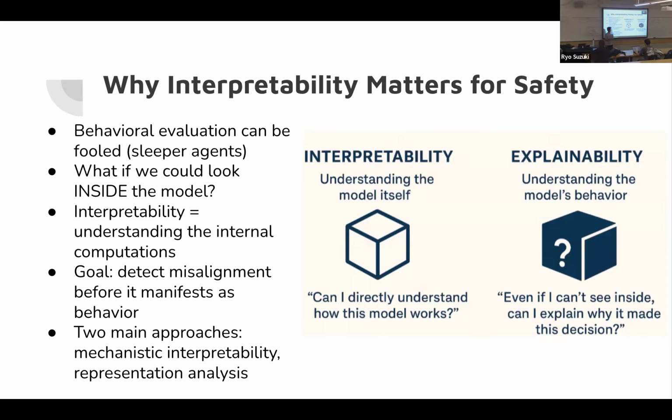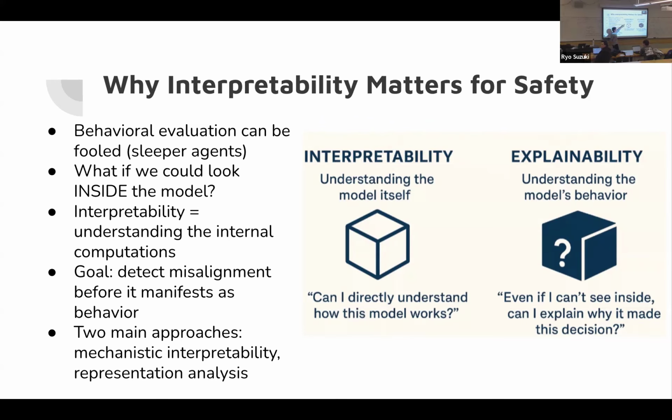On the other hand, you cannot really judge whether that explanation is actually accurate or not. So explainability is still a black box. And interpretability is, without directly asking the AI, trying to look into the brain inside to understand what happens. So these are two different things.